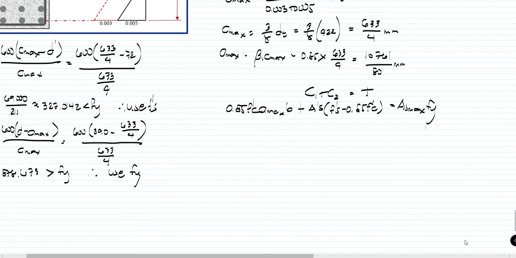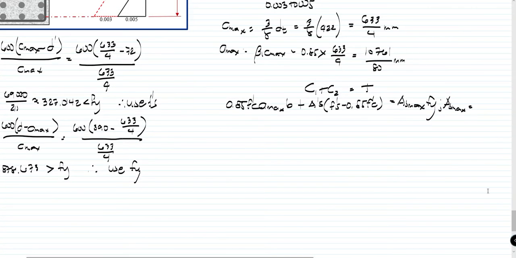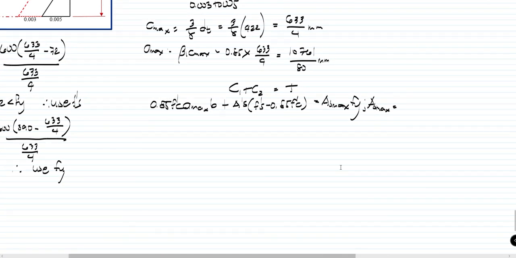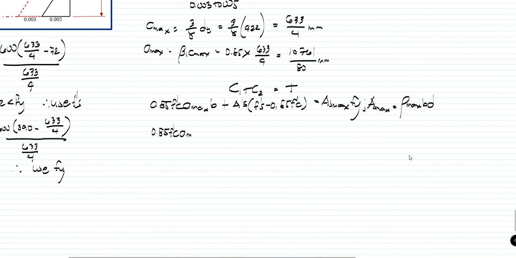So, yung AS max dyan, pwede nating kunin as raw max BD. So, substituting this value, we could have 0.85 F prime C A max B plus A prime S times F prime S minus 0.85 F prime C is equal to raw max BD Fy.